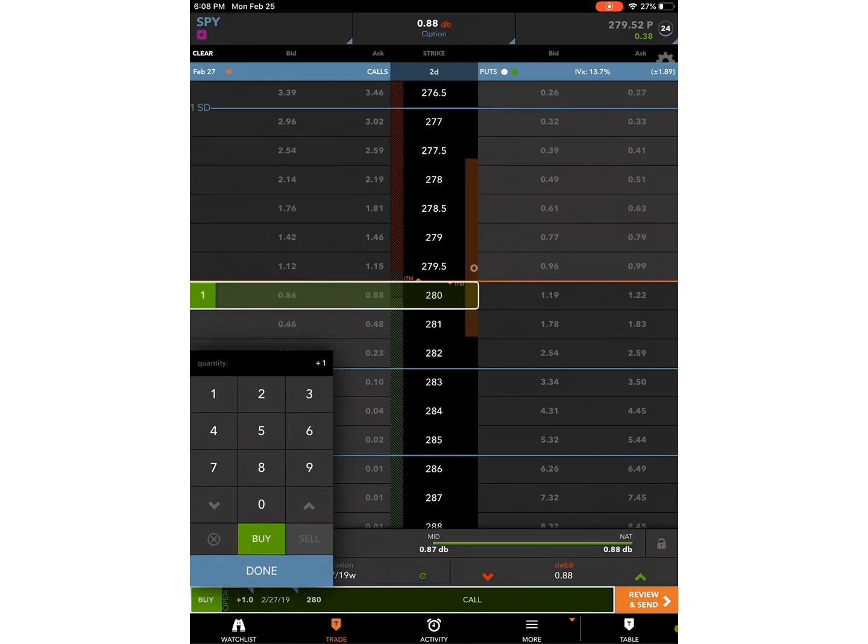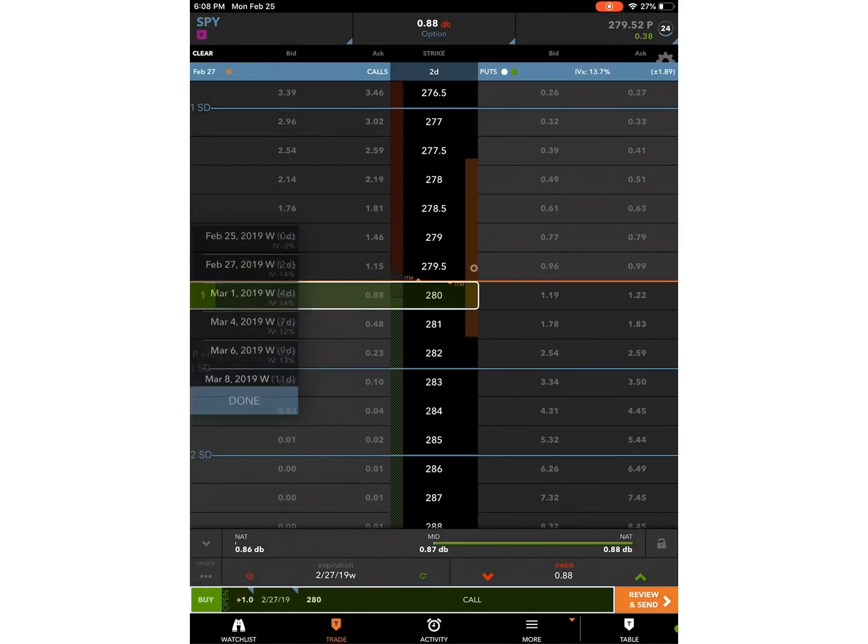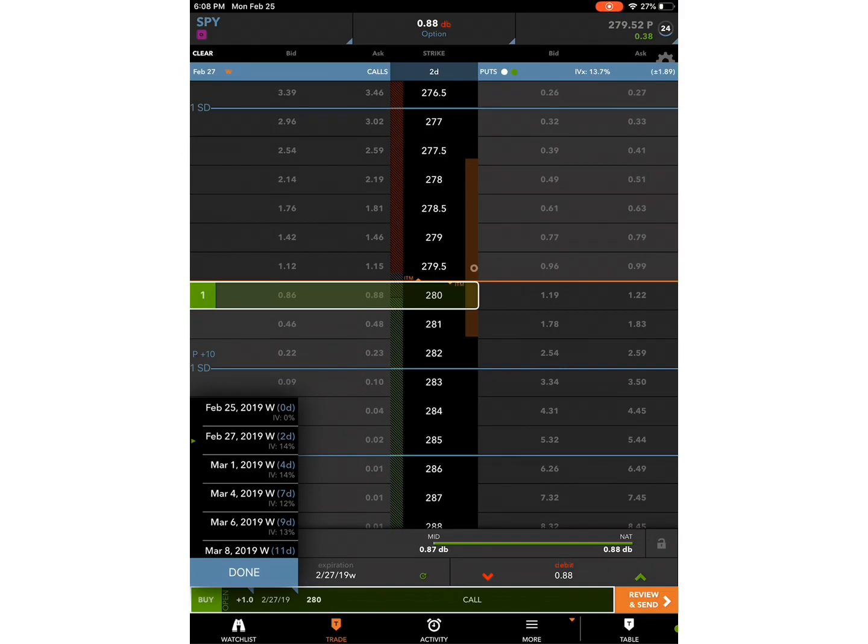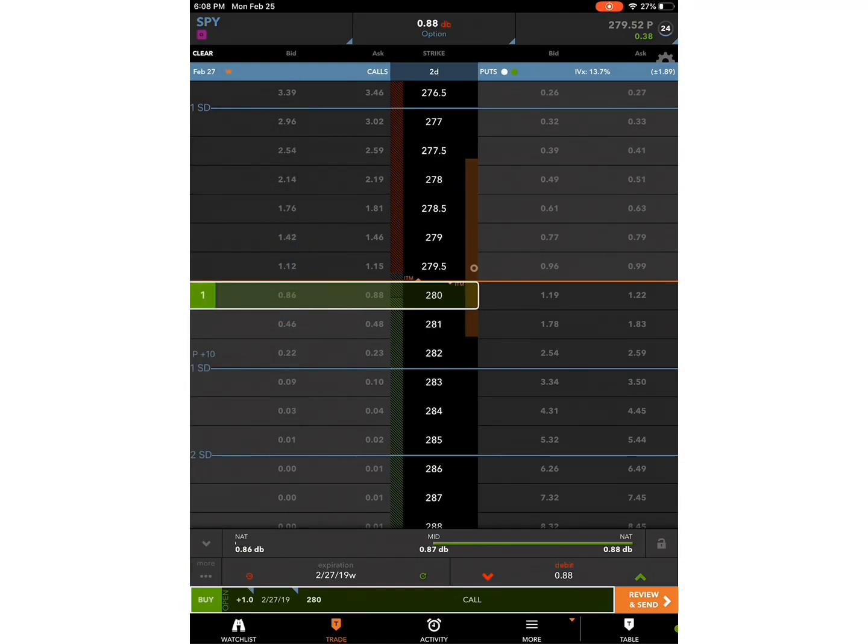You can change the number of contracts you want. But I'm gonna do one. You can change the expiration date you want. So February 27th, because it's 25th right now. And then you can do whether I want to stick to being a call. And you can change your spread price right here. But usually the good news is they have it pre-selected to the ask price.